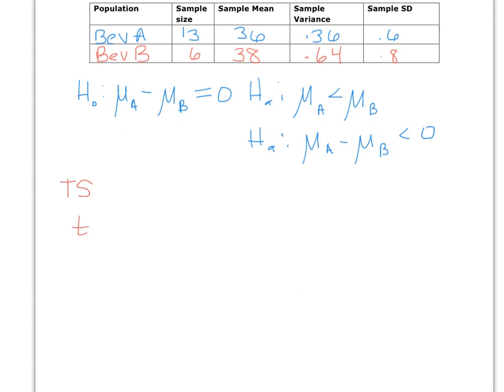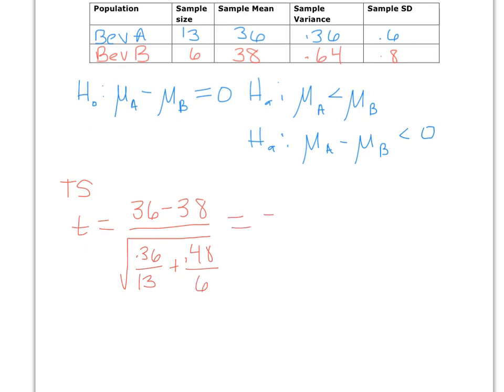So we're going to take t equal to the difference in those sample means, 36 minus 38, over the square root of sample variance for A, 0.36, over sample size 13, plus variance for beverage B, 0.48, over sample size of 6. So calculating that, going out to 3 decimal places, we get negative 5.456.